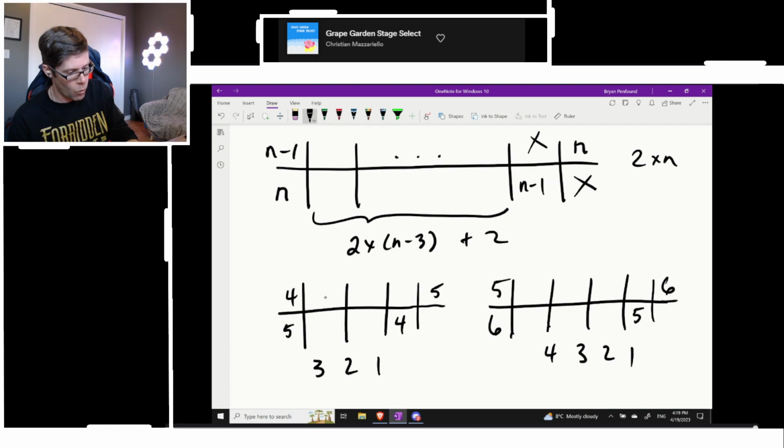And there's 1, 2, 3, 4, 5 different places where we could put the ones. Here, there's 1, 2, 3, 4, 5, 6, 7, 8 ways to place the ones.